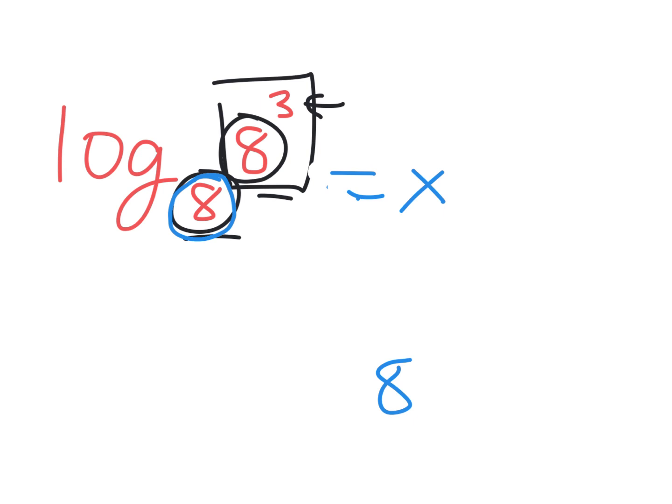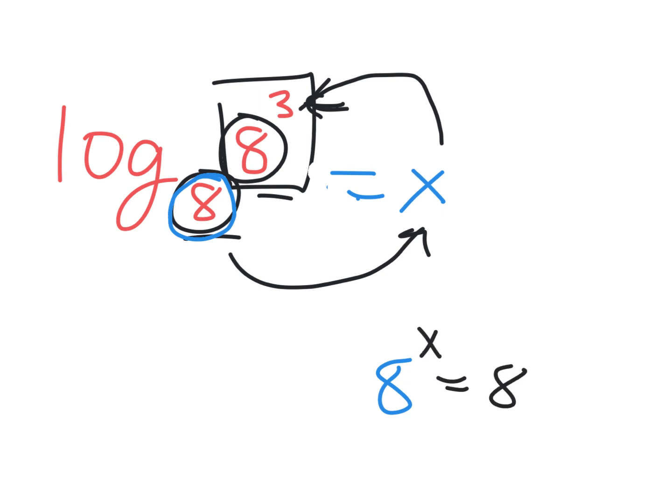Okay? And now watch. 8 to the x. You remember this thing where you go back and forth on both sides of the equation? I call it the circle of logs. 8 to the x equals 8 to the 3rd. And then isn't that kind of logical then that x has to be 3? You know? 8 to the what is 8 to the 3rd? Well, 8 to the 3rd is 8 to the 3rd. X must be 3.